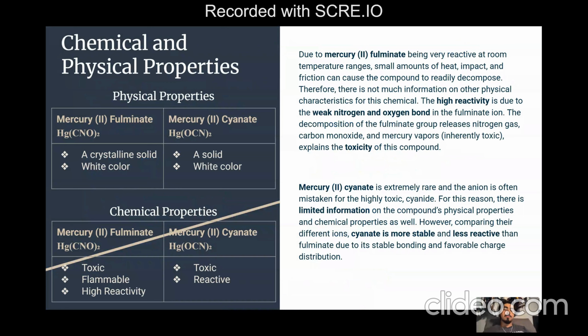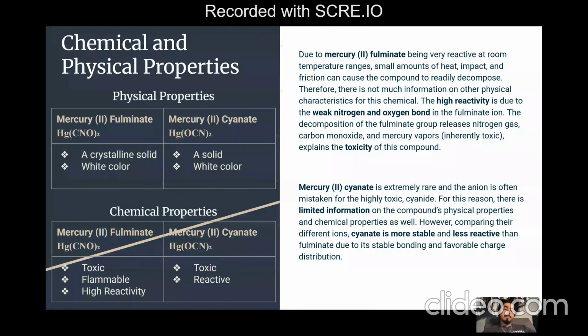Since mercury 2 fulminate is a very reactive chemical or molecule, we don't really have many physical properties that we can get from it since it reacts really well in room temperature. Friction or slight heat cause it to react, so we can't get a lot of physical properties from it.